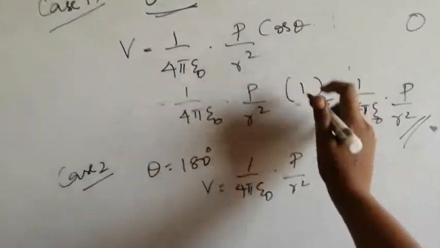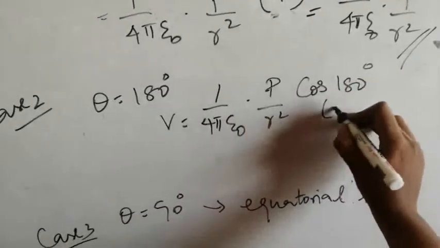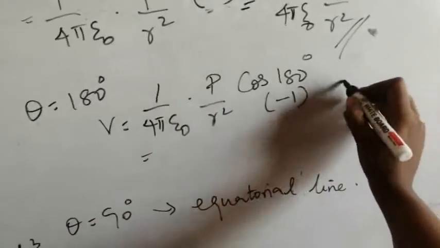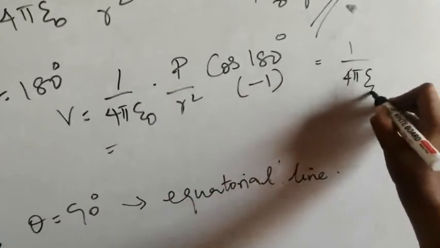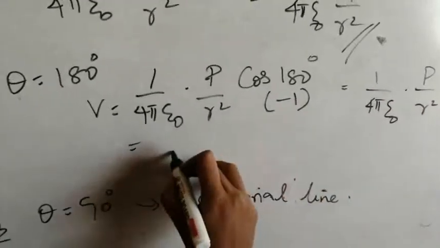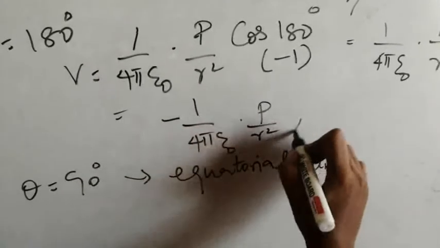Similarly, when theta equal to 180 degree, on the same axial line but in the opposite direction, V is equal to 1 by 4 pi epsilon naught into P by r square into cos 180. Cos 180 value is minus 1. So it is 1 by 4 pi epsilon naught into P by r square into minus 1, which is minus 1 by 4 pi epsilon naught into P by r square.